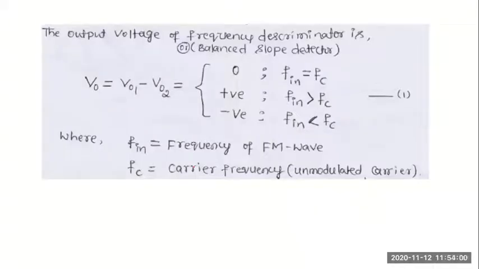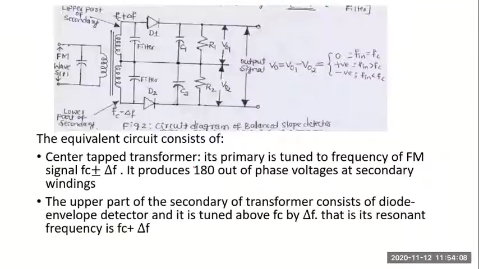Now you see the output voltage of the frequency discriminator will be, I'll not talk about this. Let's go directly to this circuit. So here the actual realization of the block diagram which we saw looks something like this.